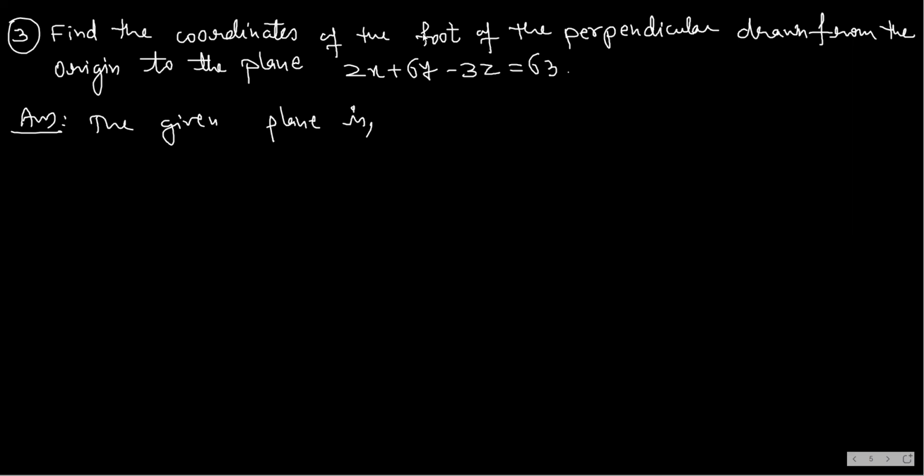So they give us a plane, and to this plane from the origin a perpendicular is drawn. That perpendicular will definitely meet the plane at some point. That point is the foot of the perpendicular from the origin.